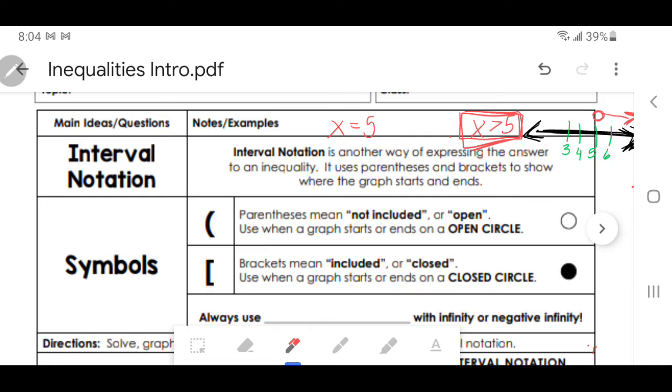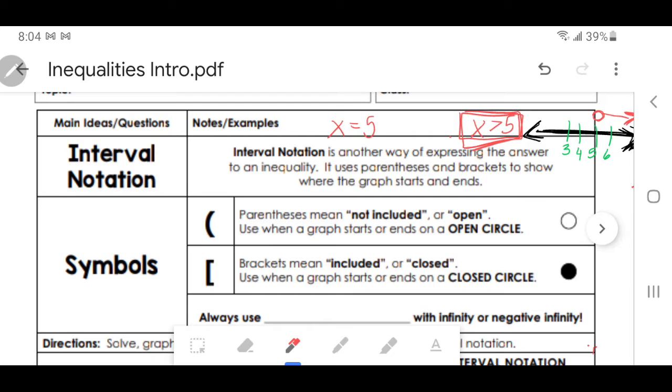That's how we would represent the solution graphically. Now, there's one more way that we can represent the solution, and that's with interval notation. So interval notation is a way of expressing an answer to an inequality. Okay, it uses parentheses and brackets to show where the graphs start and where they end.